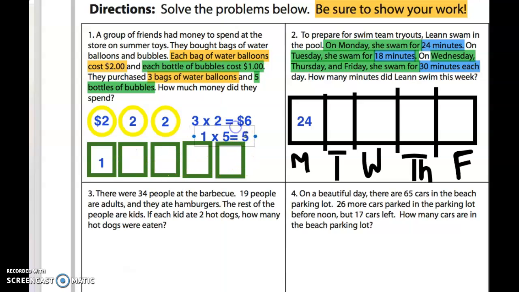So now what I have to do is add these together. So I have to take $6 plus $5. And what does that equal? How much money did they spend in all? I'm going to change my color here.